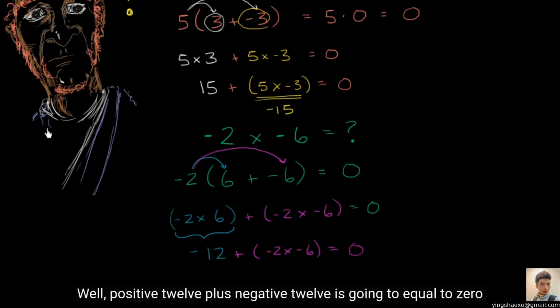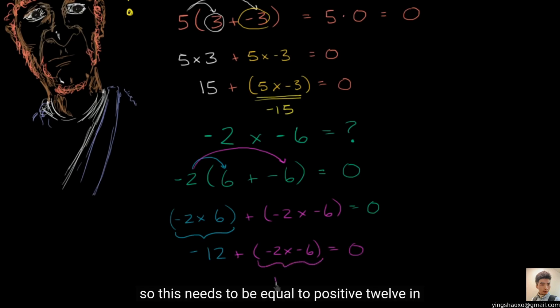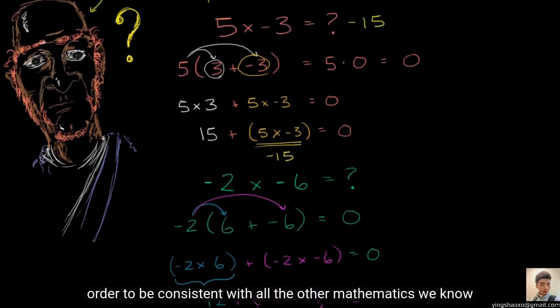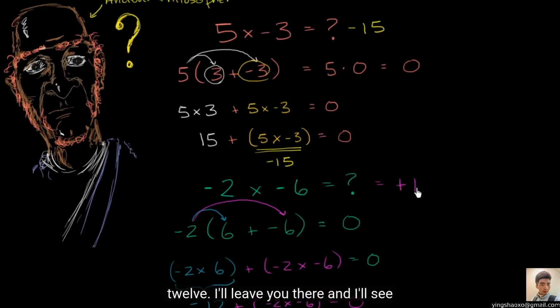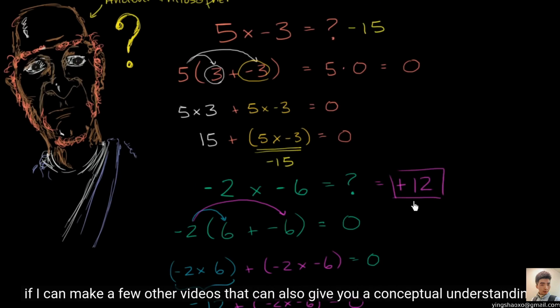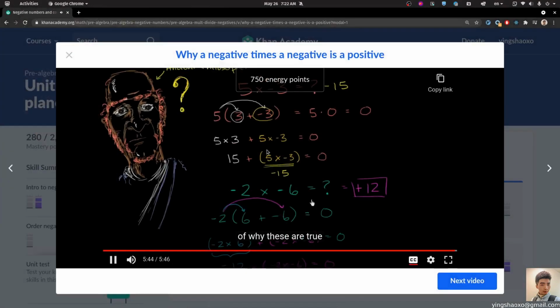Well, positive 12 plus negative 12 is going to be equal to 0. So this needs to be equal to positive 12 in order to be consistent with all of the other mathematics we know. And so there we get the idea that this is going to be positive 12. I'll leave you there, and I'll see if I can make a few other videos that can also give you a conceptual understanding of why these are true.